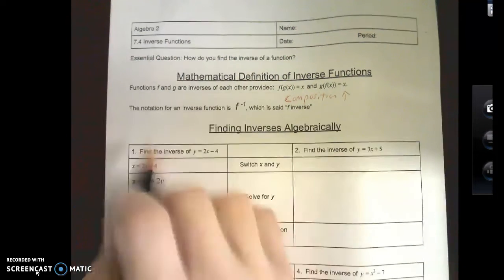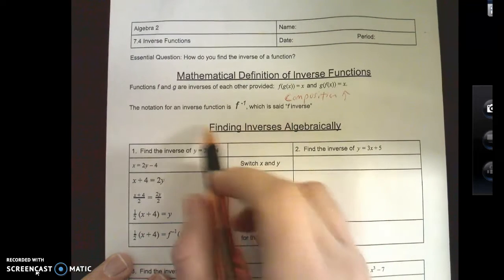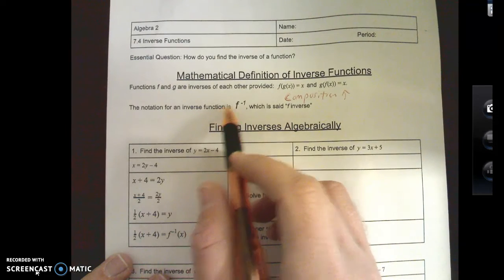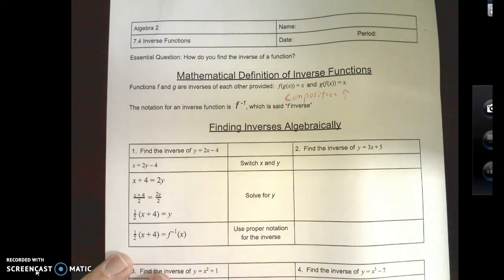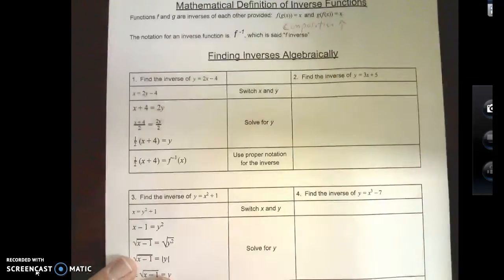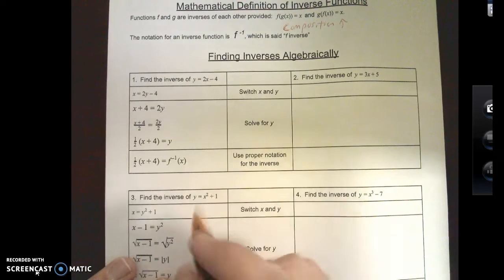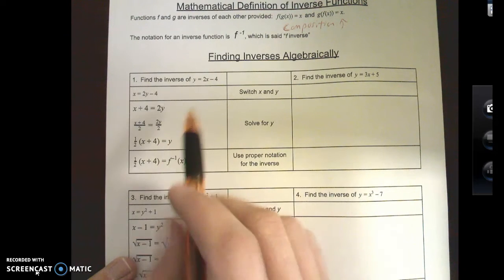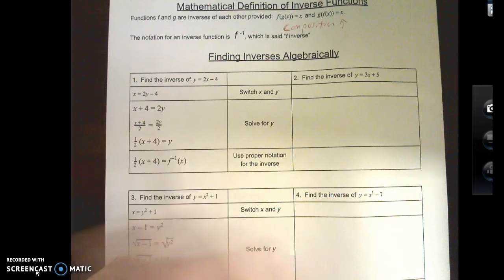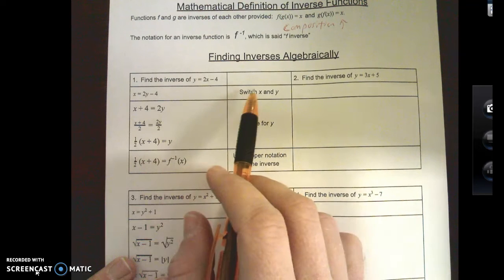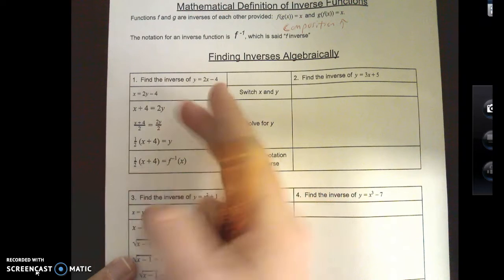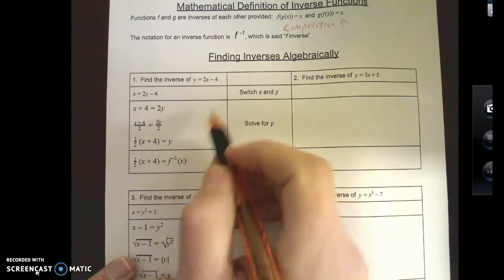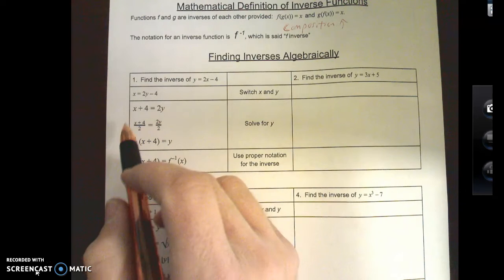So now we're talking about notation for inverses as well. You're going to see me write down f raised to the -1 power, and we call this f inverse. So let's see here, finding some inverses algebraically. It's actually a very easy process. If we're trying to find the inverse of, say, y equals 2x minus 4, the first thing you're going to do is switch your x and y. Wherever the x was you put a y, wherever the y was you put an x.